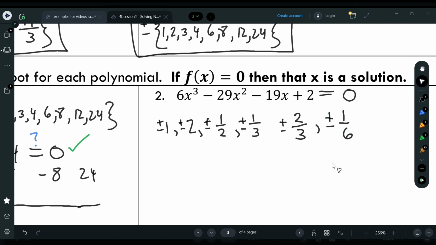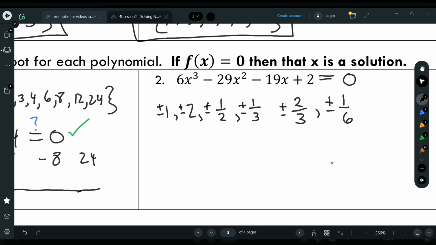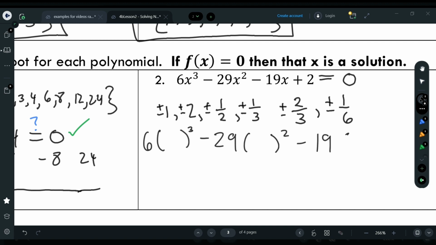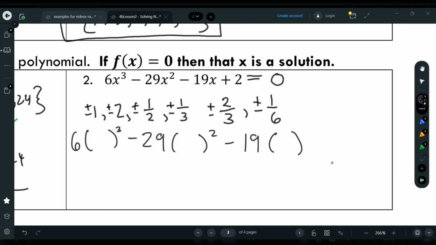So we're going to do the same thing here. We're going to plug these in. We're going to evaluate the equation. So I'm going to write my equation, 6x cubed, but I'm going to replace the x with parentheses. 29x squared minus 19x plus 2. And we want to find a value that makes it equal to 0.